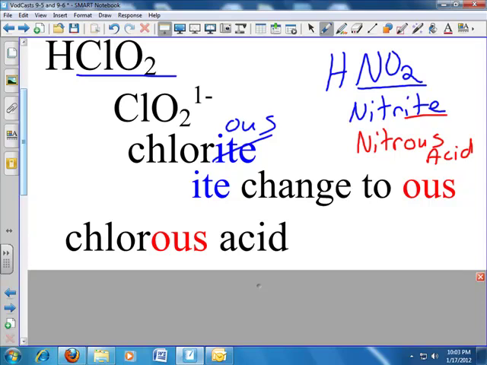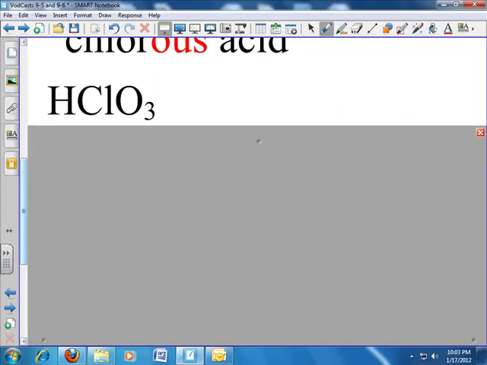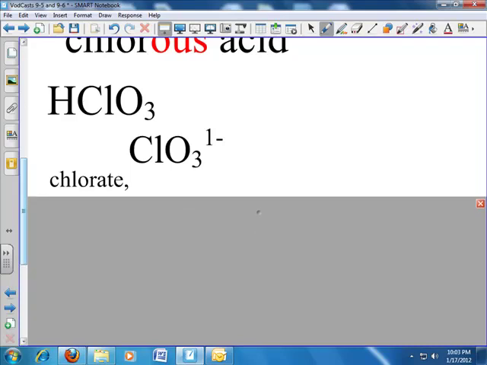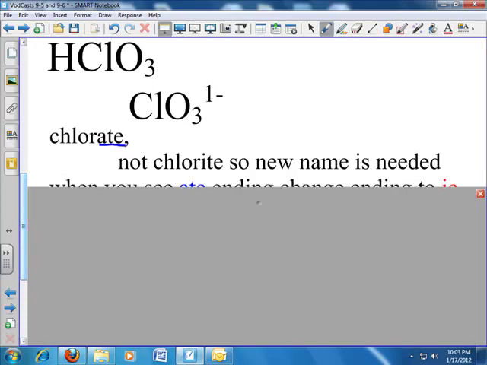Now, you have the polyatomic ion HClO3. ClO3 has a different ending. ClO3 is chlorate. You'll notice that this is not chlorite, so I'm going to have to come up with another naming system.